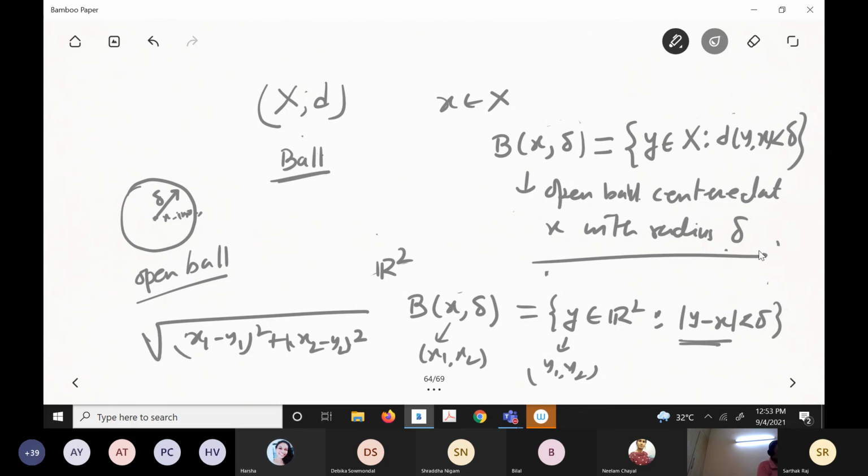Now, if I take the closed ball, then it will be this thing, right?